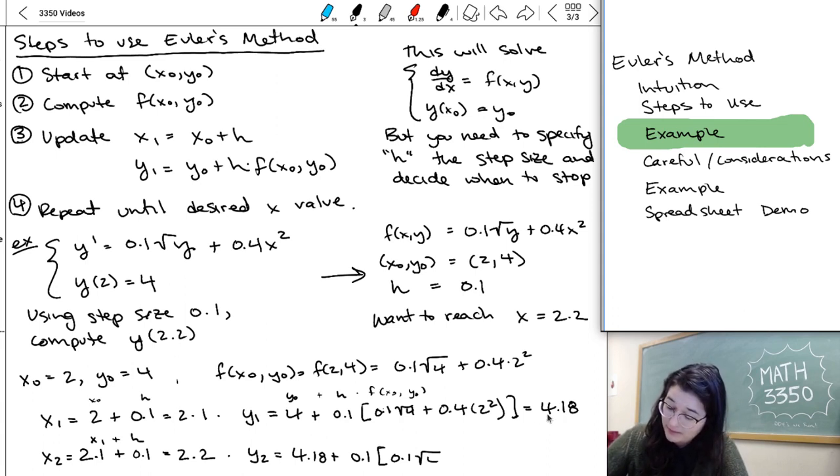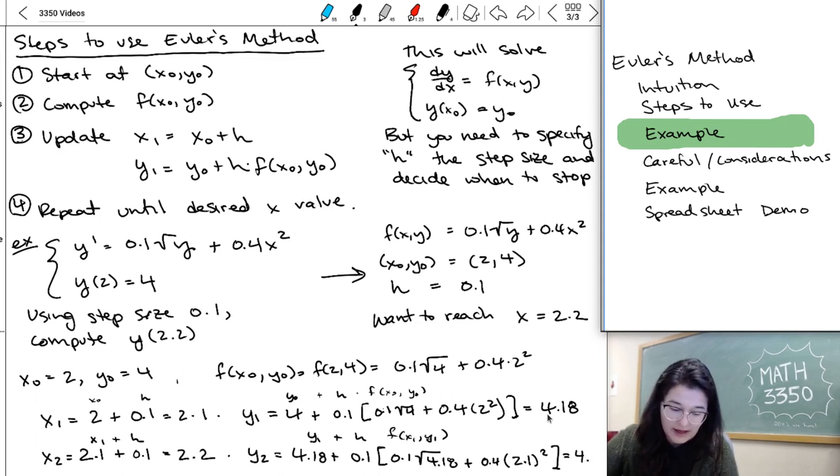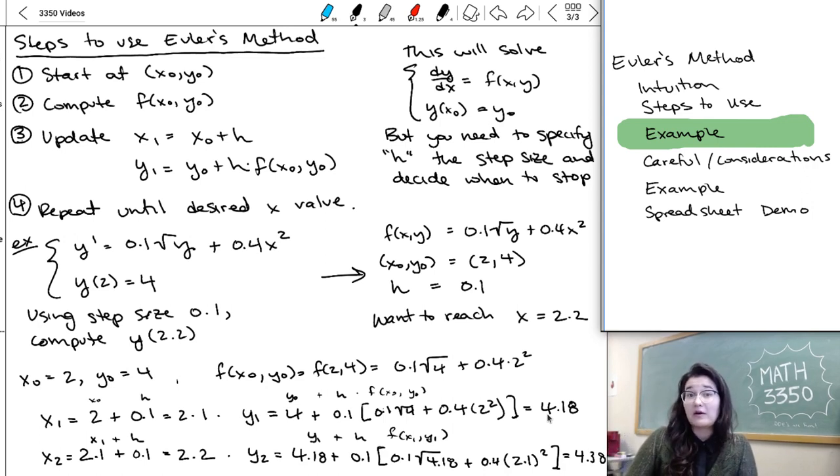I'm going to put that in there, plus 0.4 times my current x value, which was 2.1, squared. So this is y1 plus h times f of x1, y1. And that was 4.38-ish. I rounded off when I plugged it into a calculator. And so at this point, I would be done with my problem. I would say, great, you asked me to approximate y of 2.2. It's about 4.38.